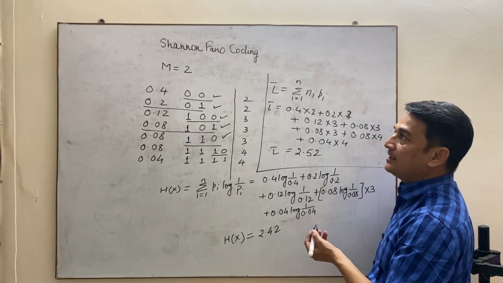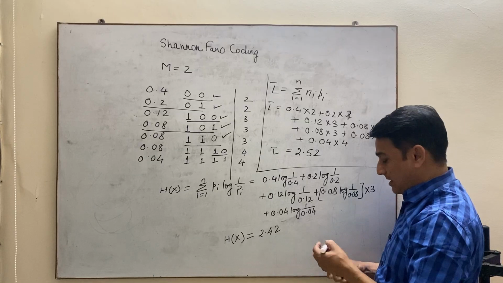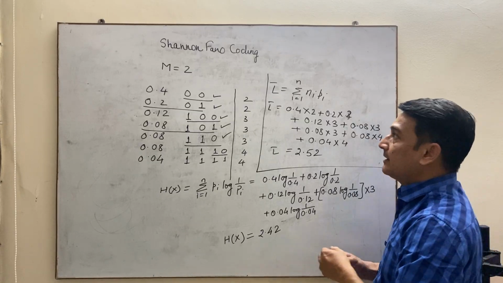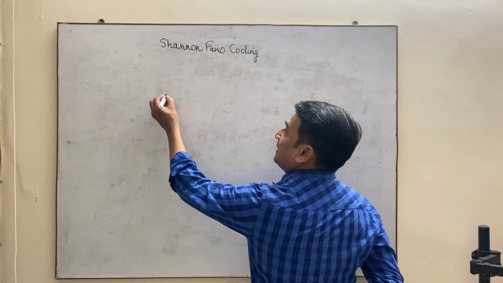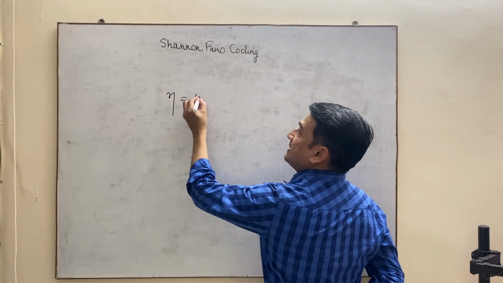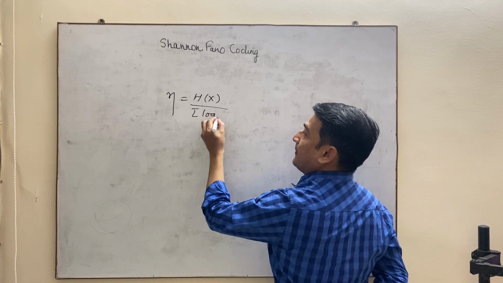And then finally efficiency, which is eta. So that we will calculate. The formula for coding efficiency, eta, is equal to Hx upon L bar log m.